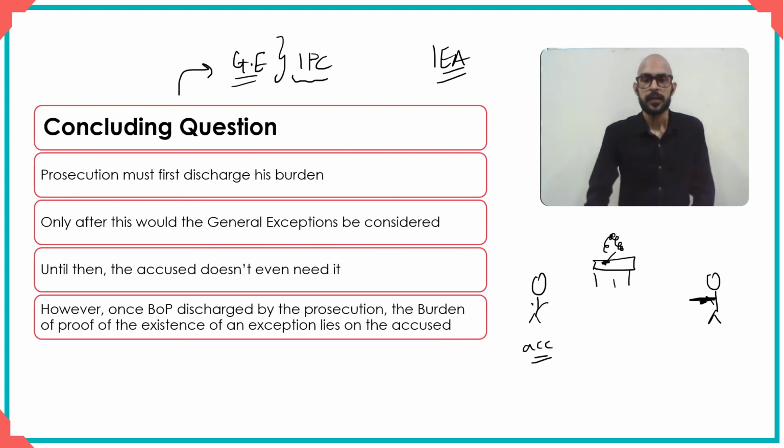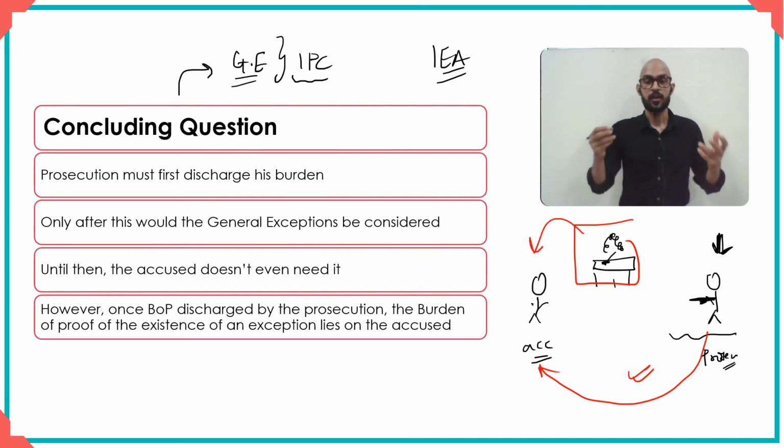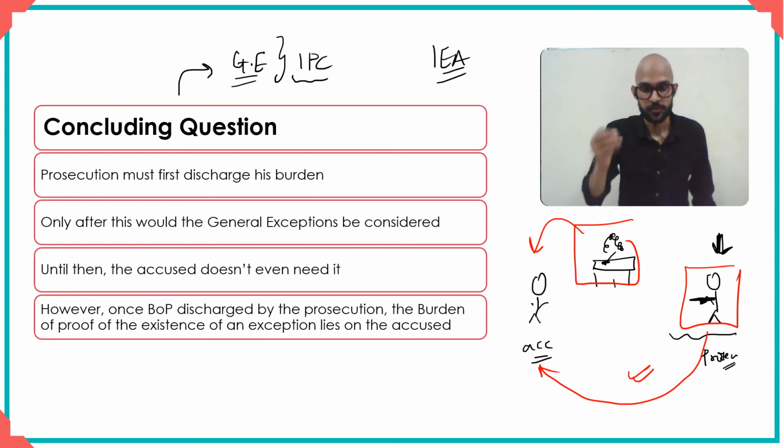Now, the burden of proof that this person is the accused lies on the prosecution. Let us say it now succeeds in doing that, which means that the burden of proof has been discharged by the prosecution. The court now believes that this person is guilty of the offense that is being stated by the prosecution.